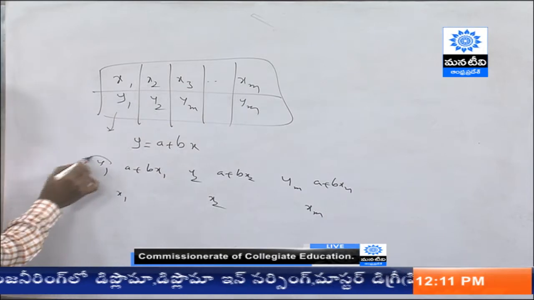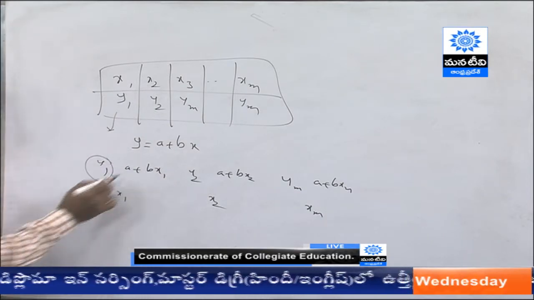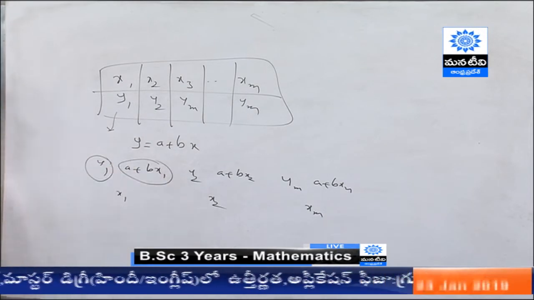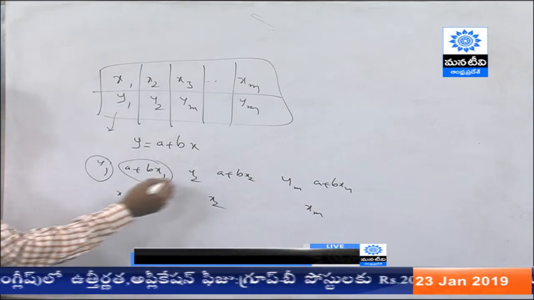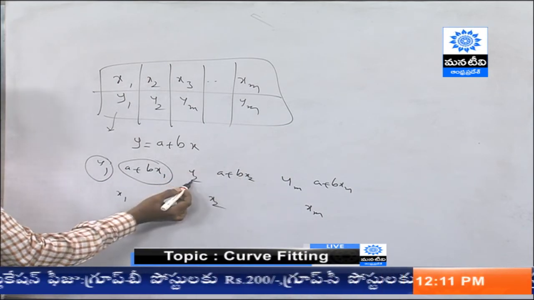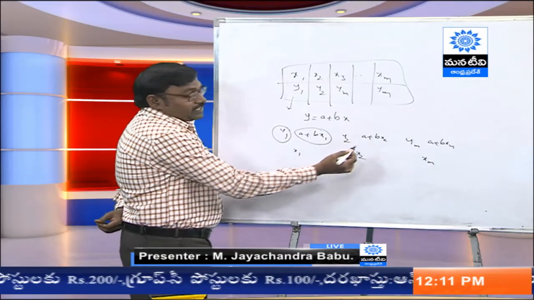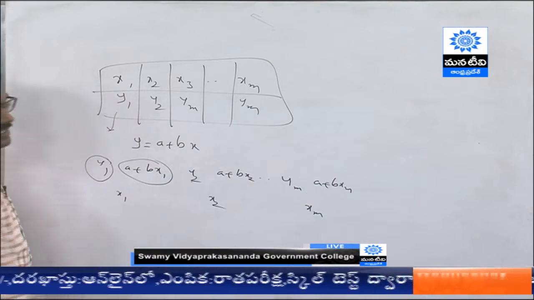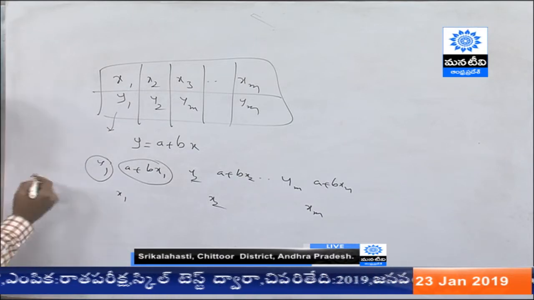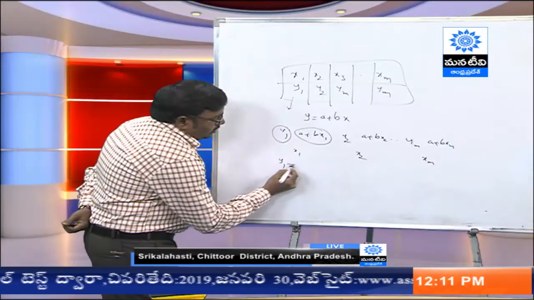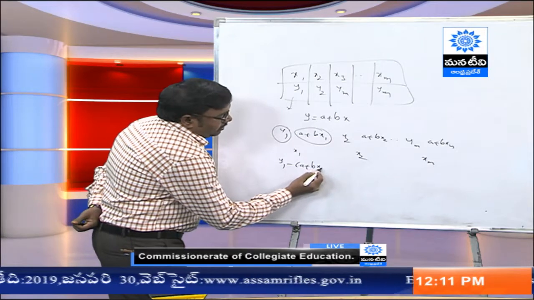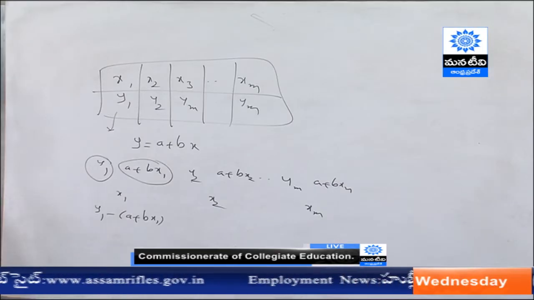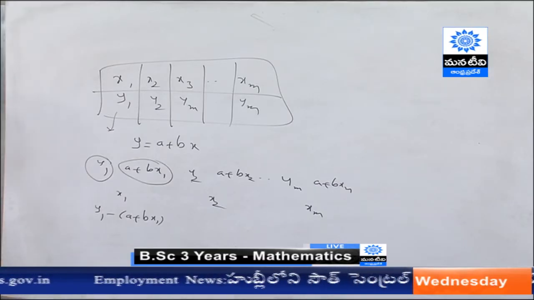Here y1 is called the observed value, a plus bx1 is called the expected value, and here also the same thing, y2 is the observed value, a plus bx2 is the expected value, and so on. Ym is the observed value and a plus bxm is the expected value. The difference between the observed value and expected value is called the error.